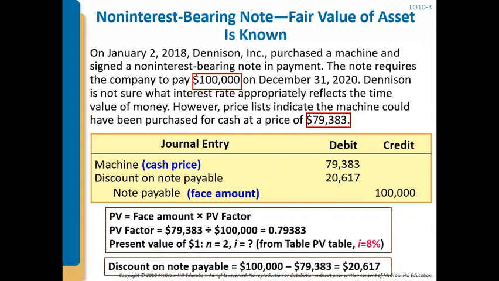Well, they say it's 2. I don't think that's right. It appears to be 3. 18, 19, and 20 are 3 periods, but they say 2 periods in this example. So anyway, whatever the number of periods is, you look in that table, and wherever you see the present value of 0.79383, that's your interest rate in that column.